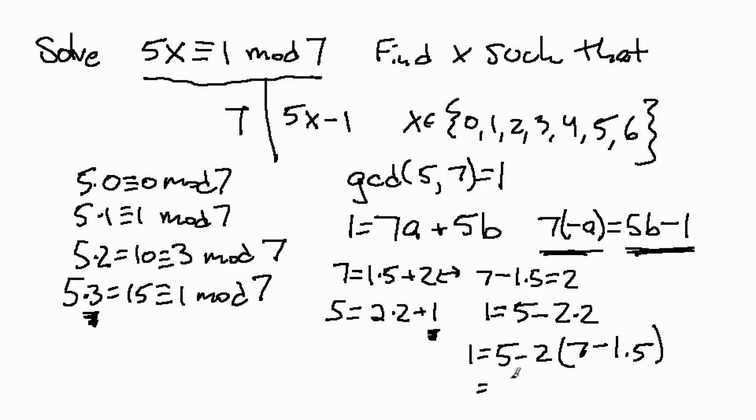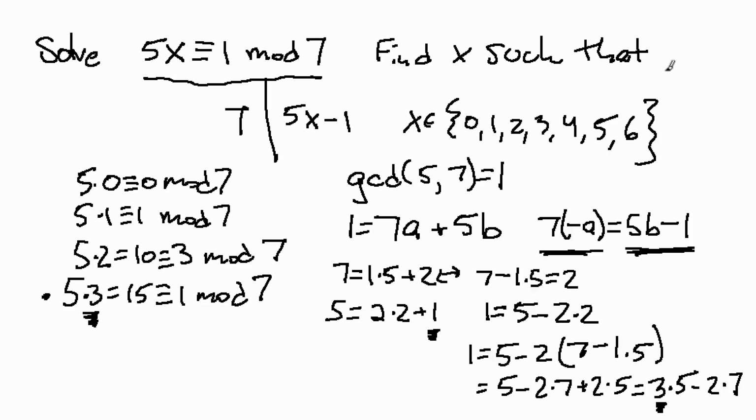And that tells me that 1 is equal to 5 minus 2 times 7, and minus 2 times minus 1 is plus 2, and that is equal to, let's see, 5 plus 2 times 5 is 3 times 5 minus 2 times 7. And we can see that we got the number 3 here that corresponds to the number 3 here. And we can see that we have solved that.